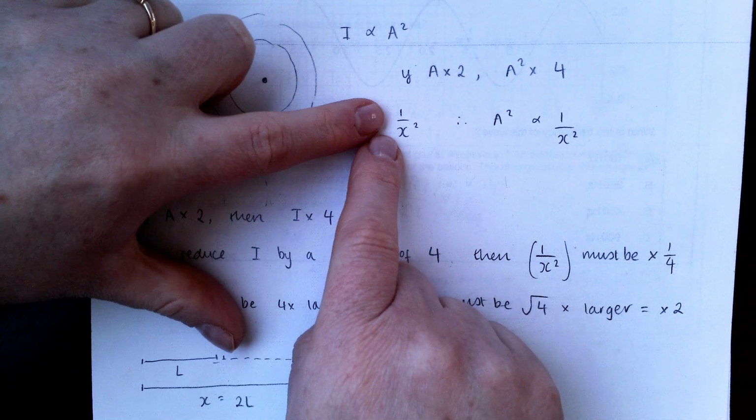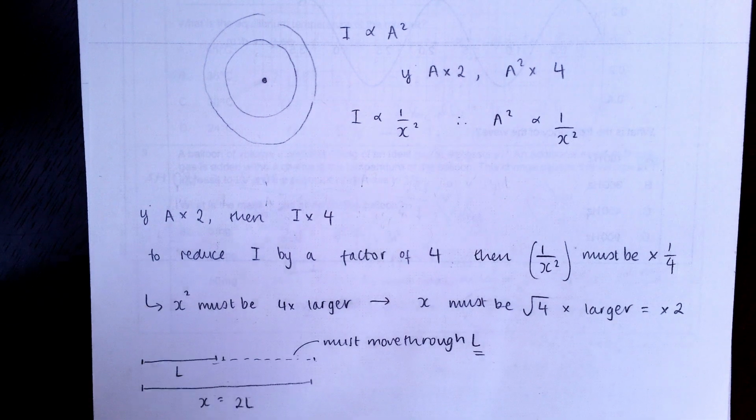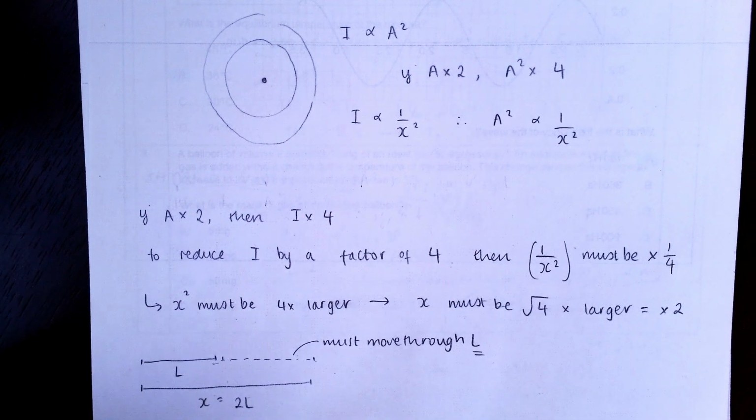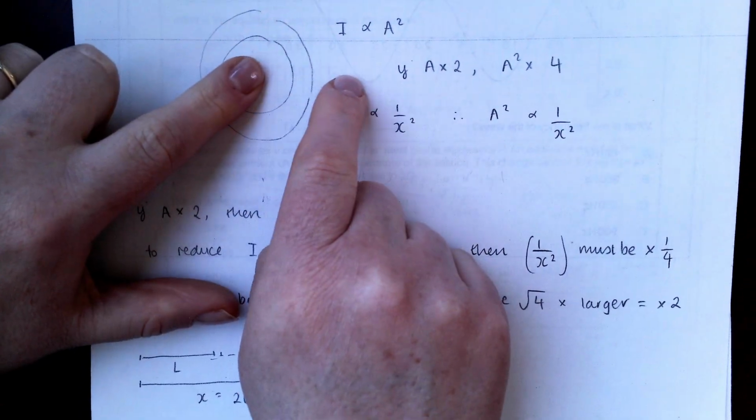Okay, so I know that 1 over x squared needs to be times a quarter. So if 1 over x squared needs to be multiplied by 1 over 4, then x squared must be 4 times larger, which means that x must be root 4 times larger, so it must be 2 times larger. So I know that my position now needs to be 2L compared to the original point.